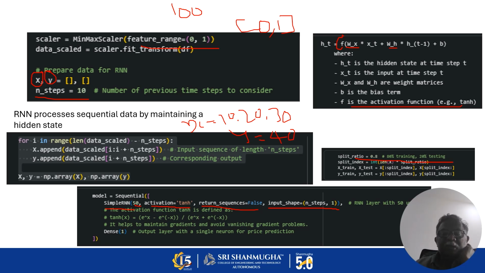But not 50 here, we have used 10 only, so 10 comma 1. Similarly, for the output layer for the predictions, whatever pattern the 50 neurons capture, the final output is going to be 1. So this is what it means.